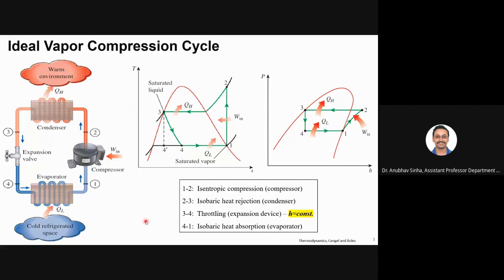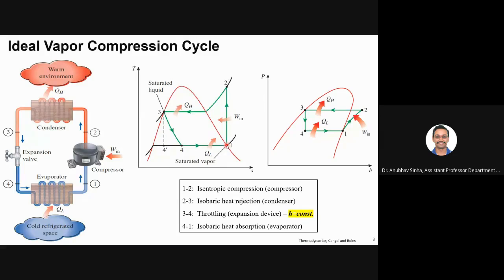Okay, now let us look at what this cycle is doing. Let us start with the first process, which is 1 to 2 in the compressor. This is how your compressor work looks like. So W in is coming from the compressor. You start with, what is the state of fluid at point 1?